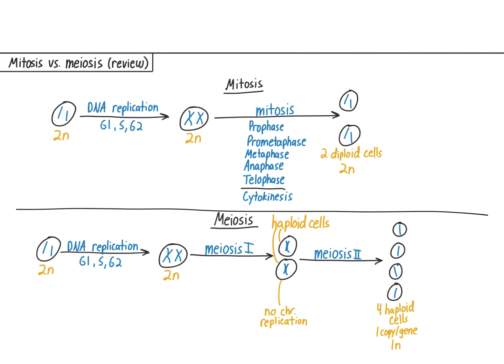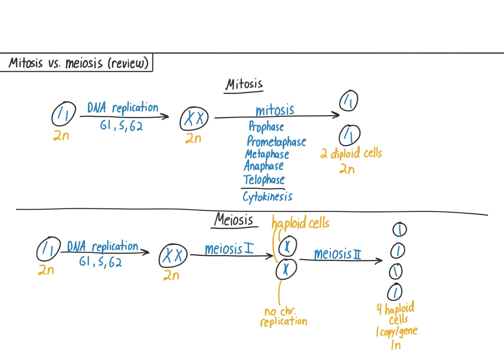Because remember, the term haploid means the cell has one of each chromosome type, and this is one chromosome. As these two cells go through meiosis 2, 4 cells are produced, also haploid, but now they only have one of each chromatid and one copy of each gene.